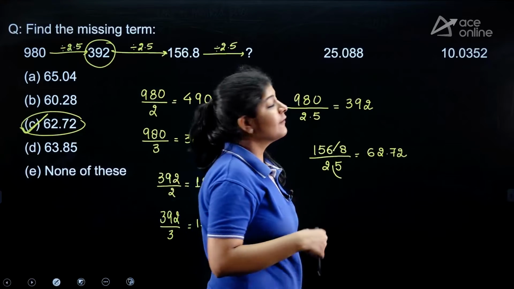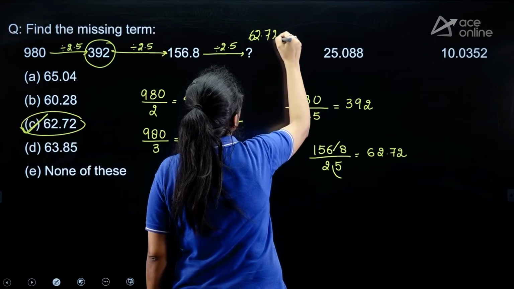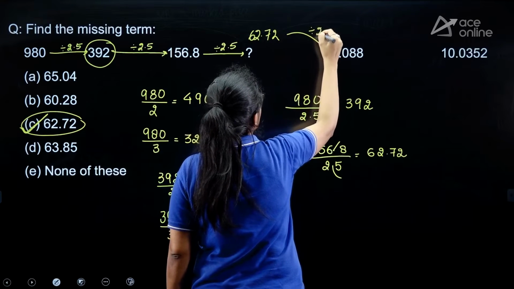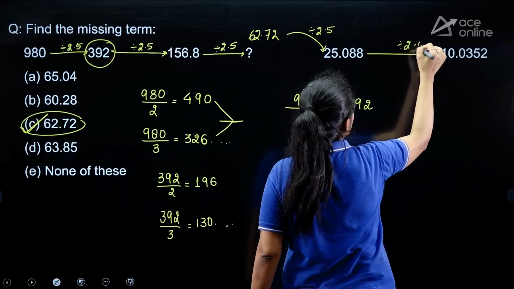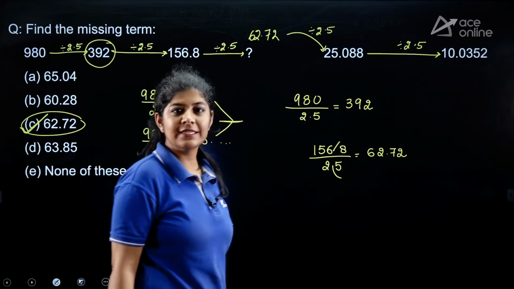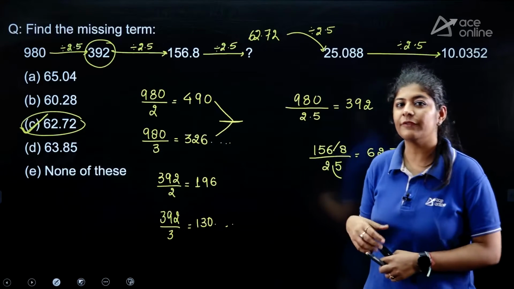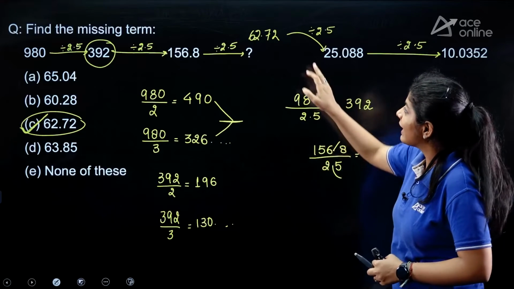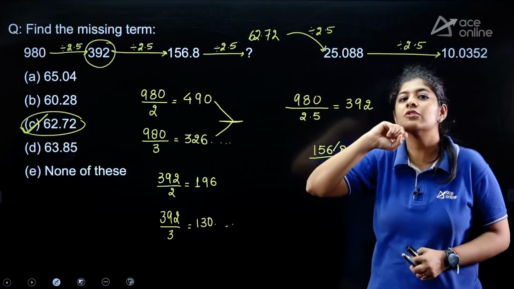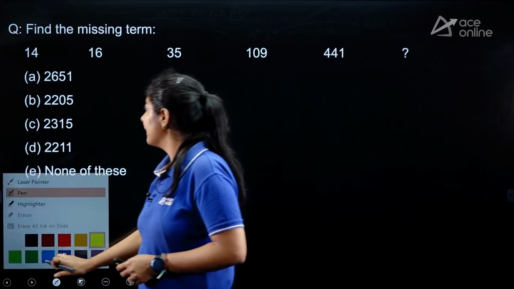Because if you go further, if you divide the 62.72 again by 2.5, you will get this value. Again, if you divide this number by 2.5, you will get the same value. So whenever we have decimals or fractions in the series, there are very high chances that there is a fraction or a mix of mathematical operations going on over there, right?